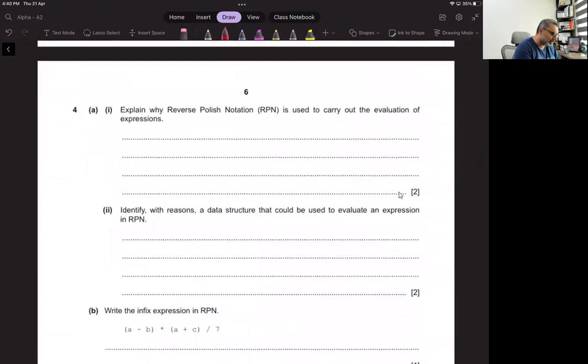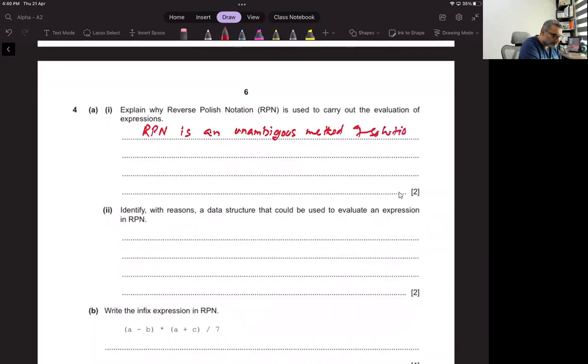Question number 4. Explain why reverse polish notation is used to carry out the evaluation of an expression. Reverse polish notation is an unambiguous method of solution.